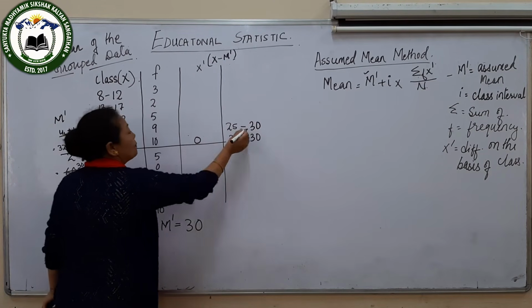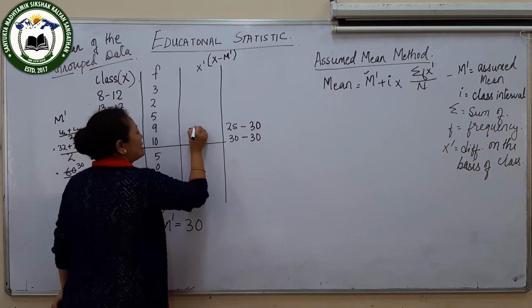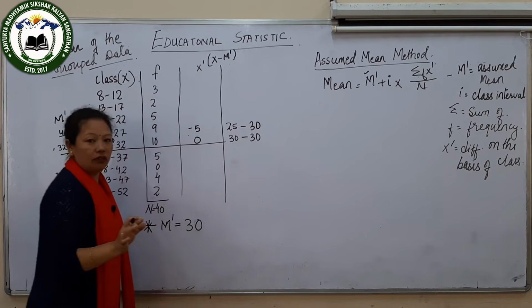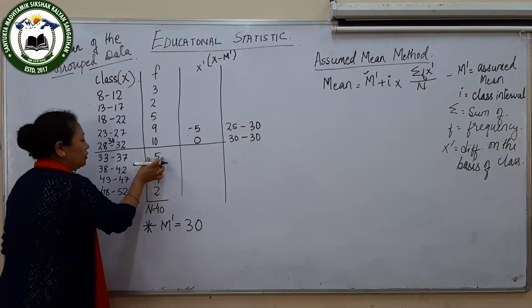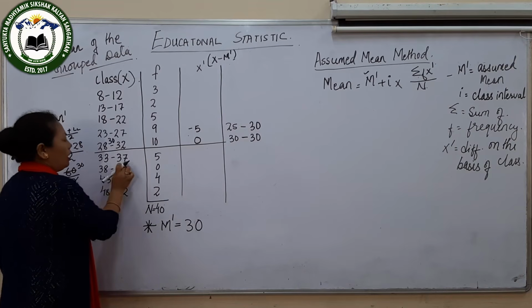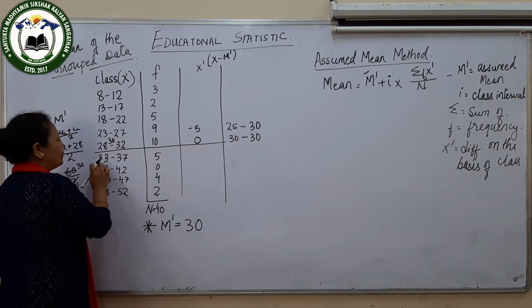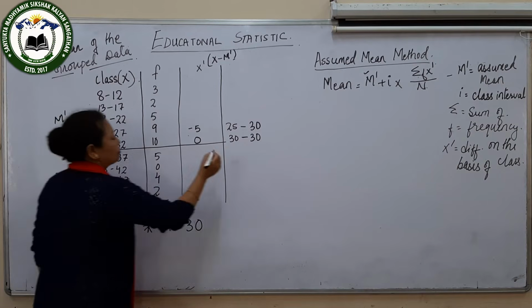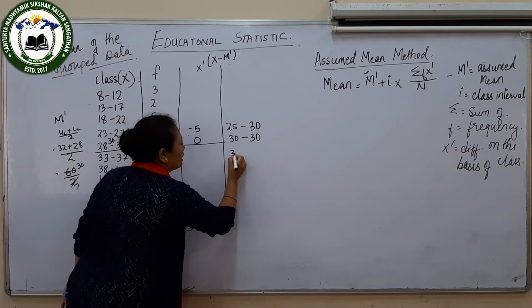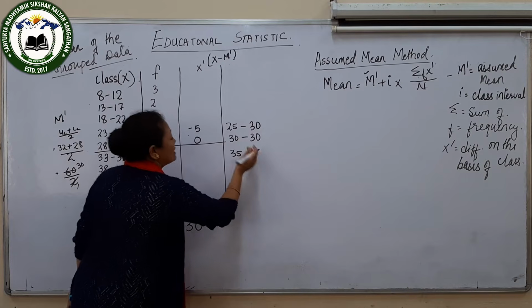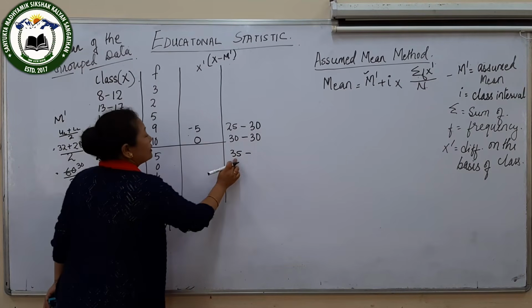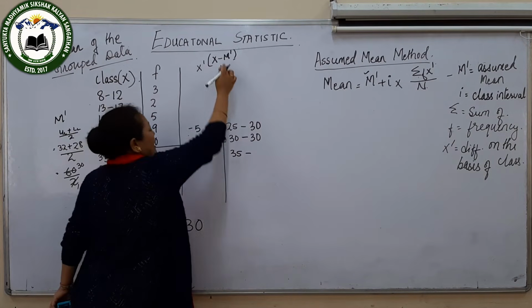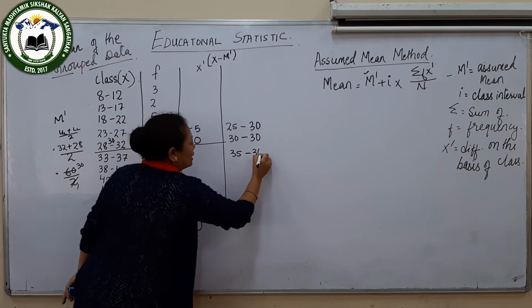Okay, so I will get minus 5. Okay. Now, the next midpoint between 33 to 37 is 35 minus, likewise my score is 35 and my m dash is 30.